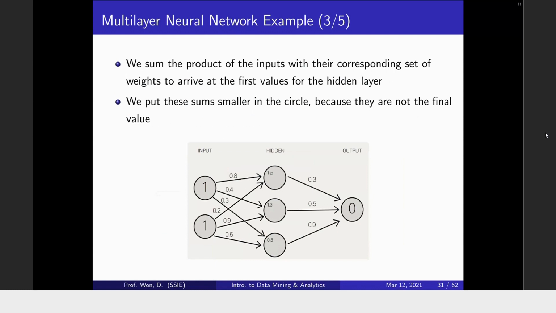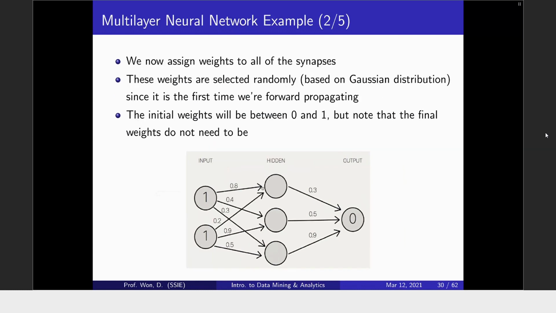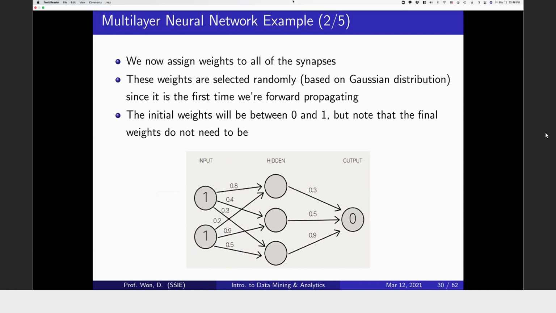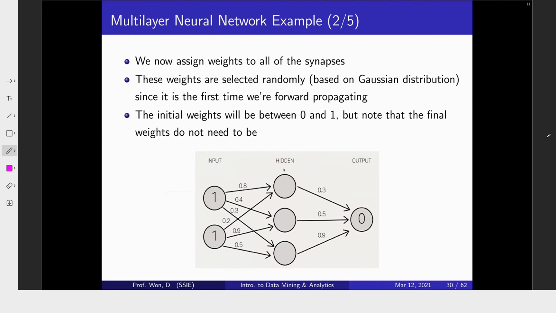For example, here, 1 multiply 0.8, and then also 1 multiply 0.2. So first one, 0.8 multiply 1 plus, for this case, this one, 1 multiply 0.2, so this one is 1.